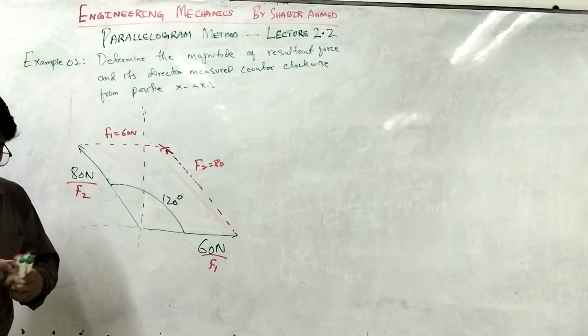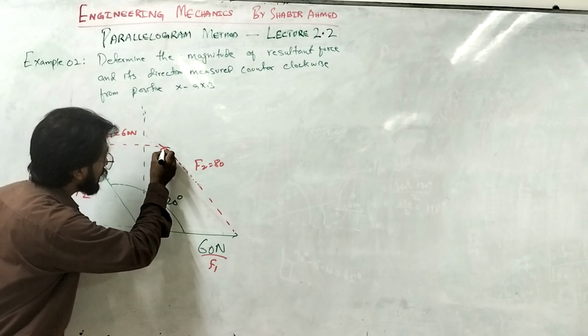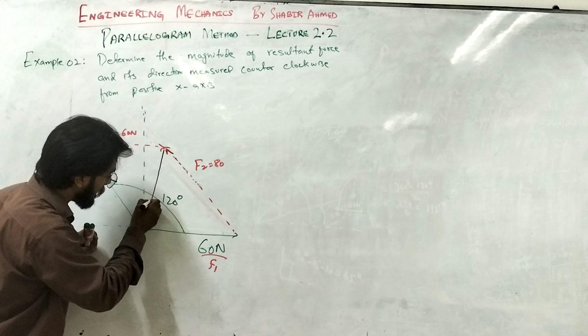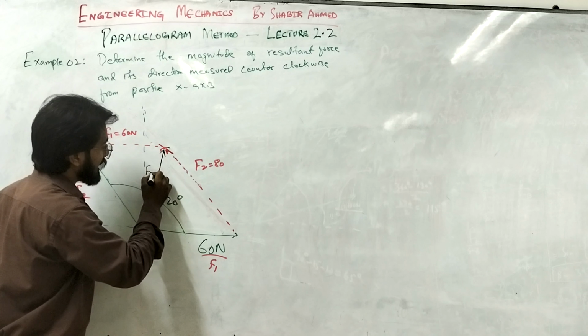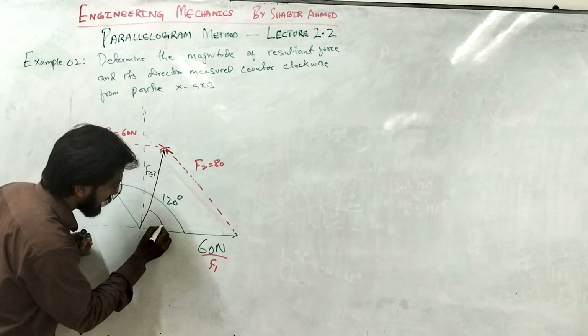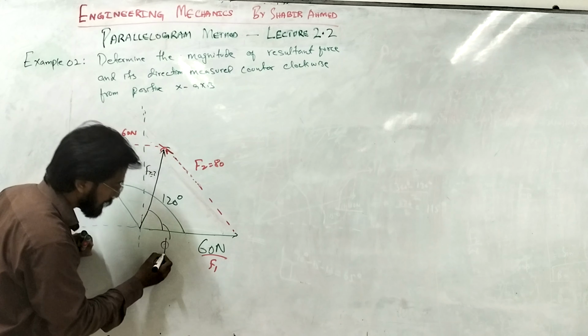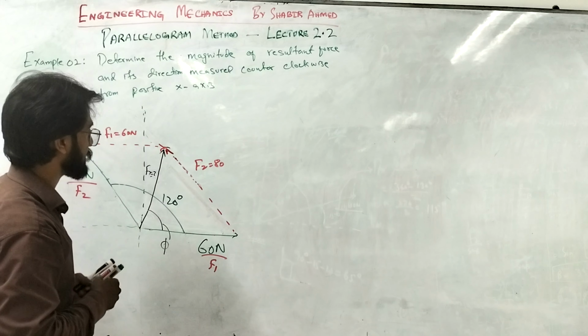So the resultant force, which I am going to show with the black line, would surely fall in between them, and we have to find it out. And we also need to find out the phi, which will be the direction from the x-axis.